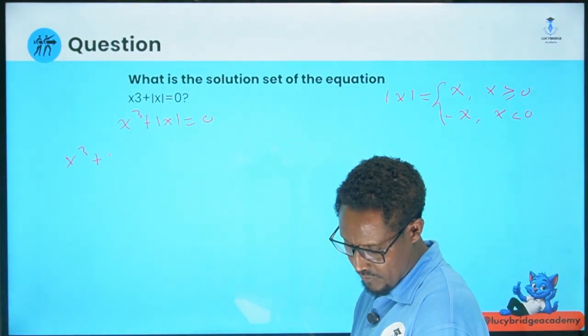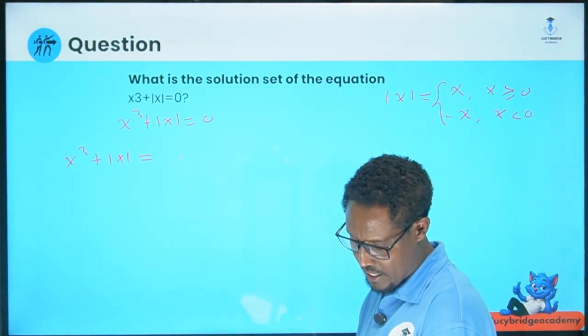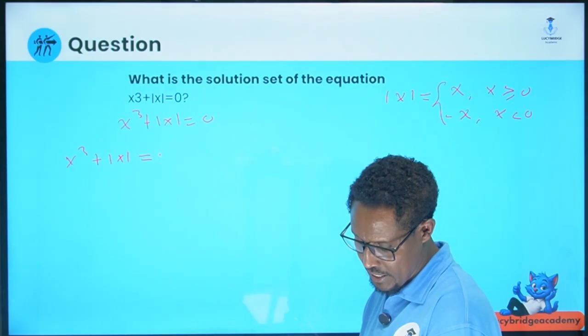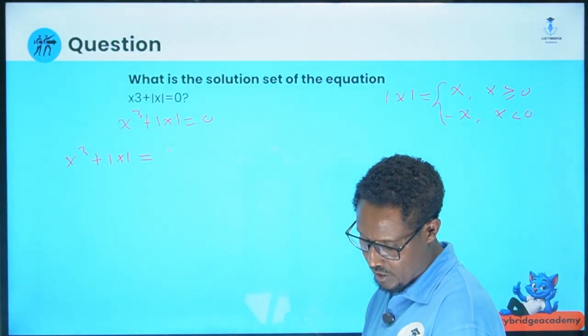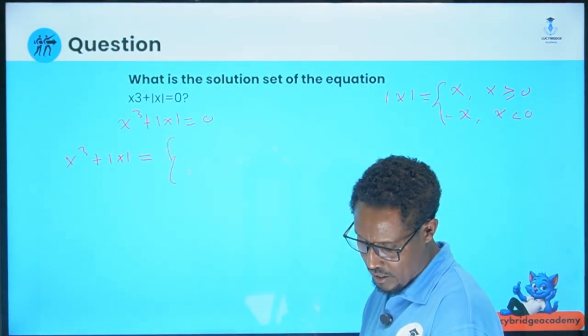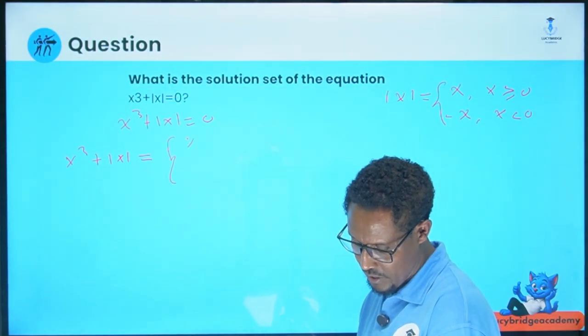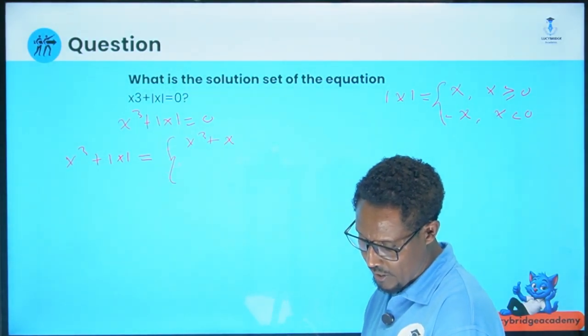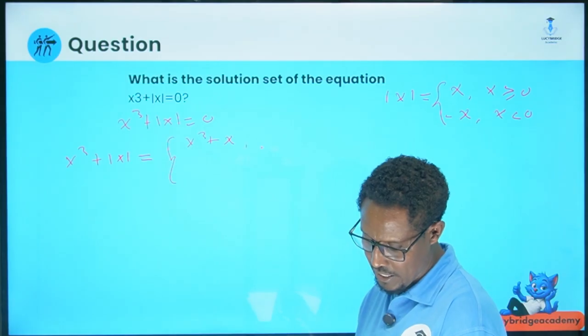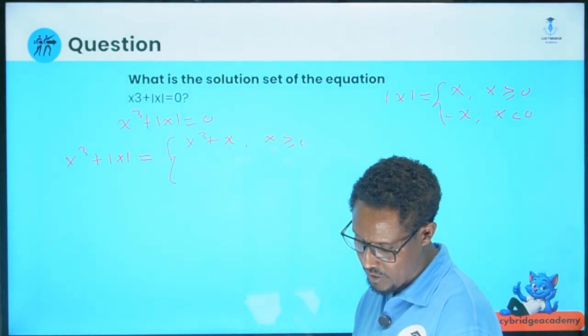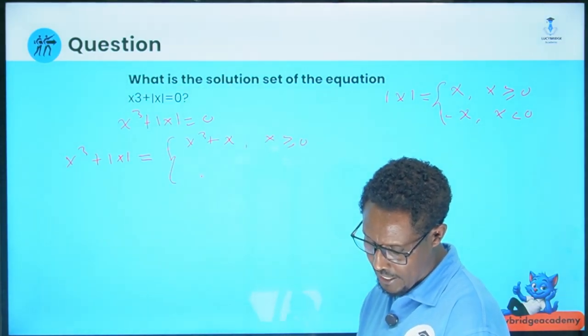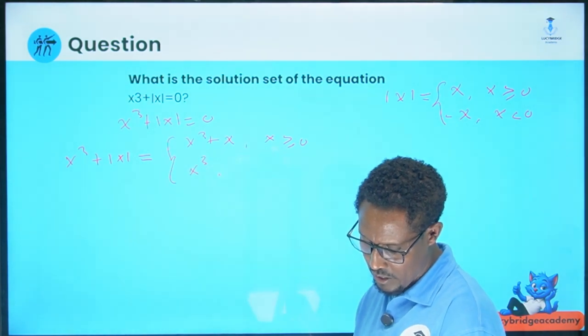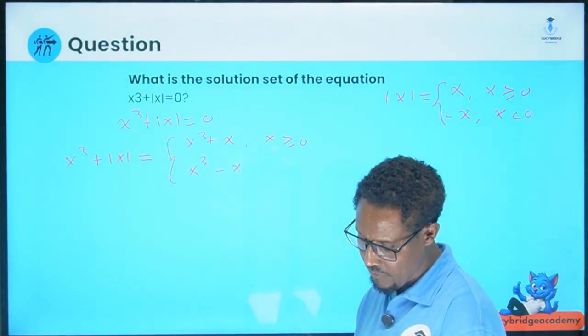So this means x cubed plus the absolute value of x is equal to 0. This means x cubed plus x, replacing the absolute value of x with x, where x must be greater than or equal to 0, okay? And x cubed minus x if x is less than 0.